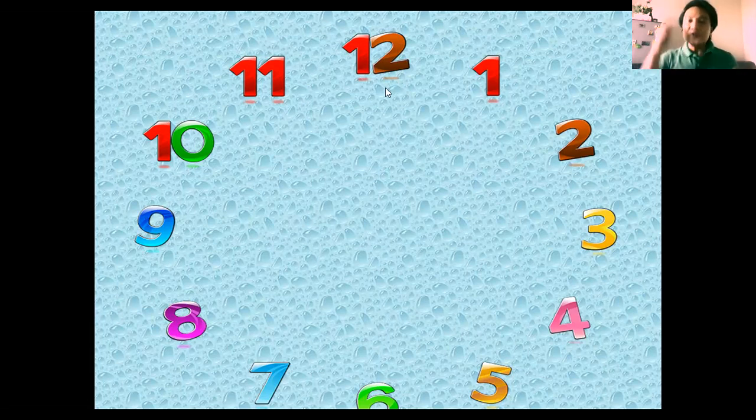You have to remember these words because in telling the time, you have to say the numbers from 1 to 12.